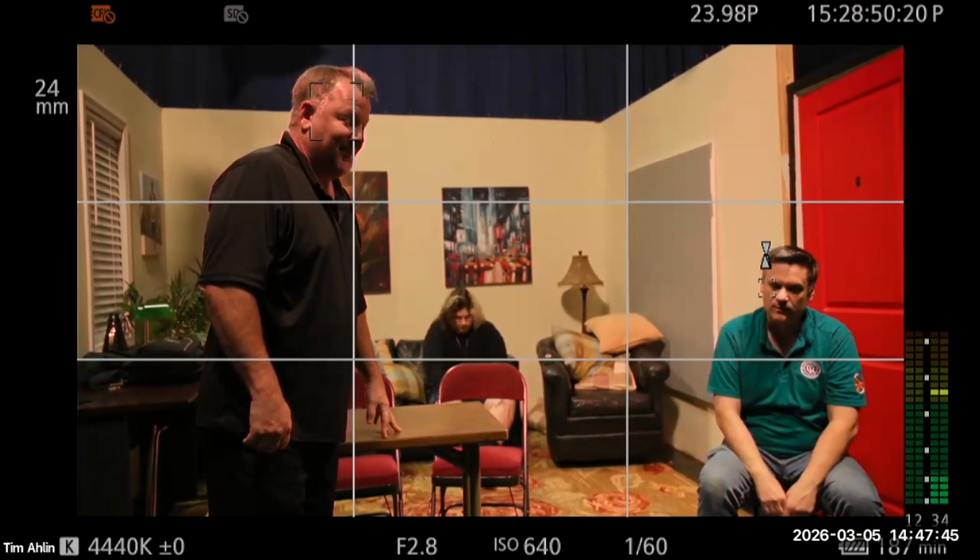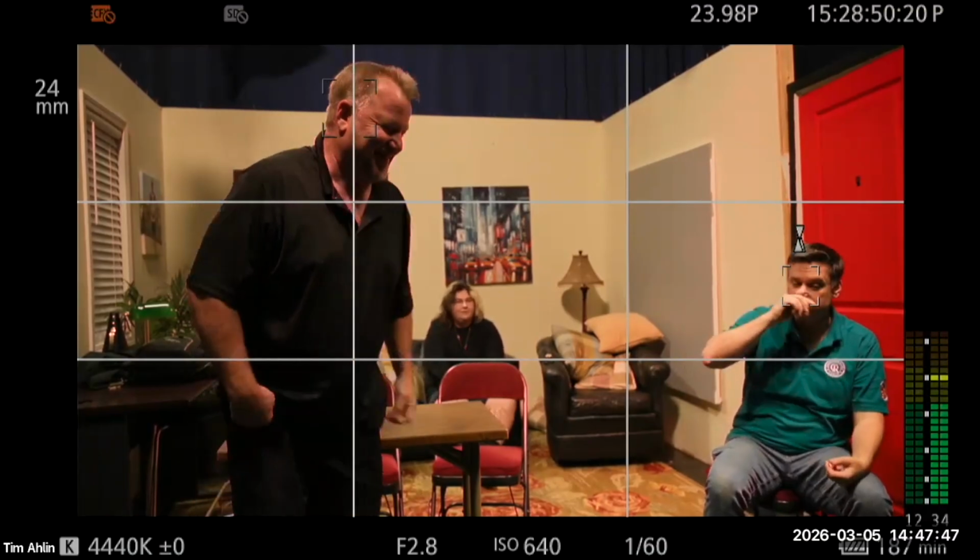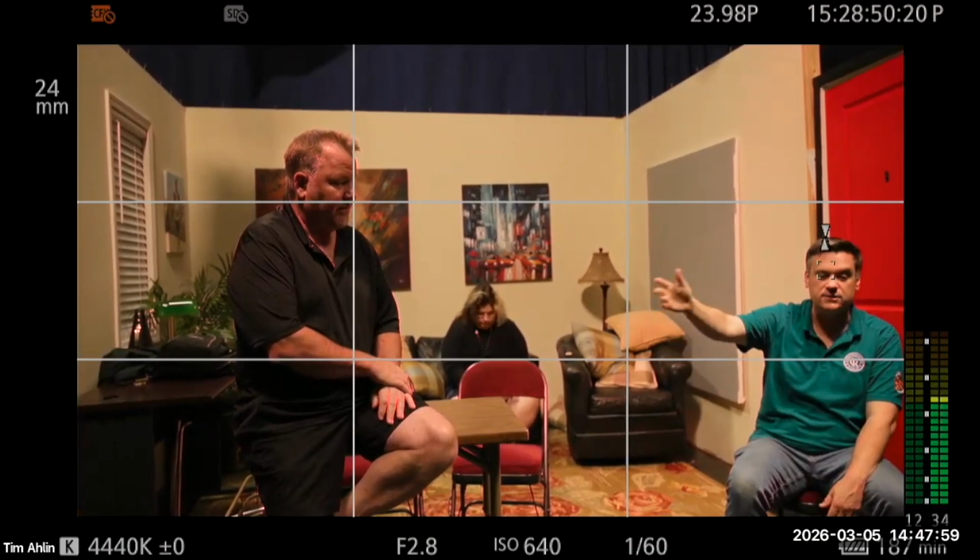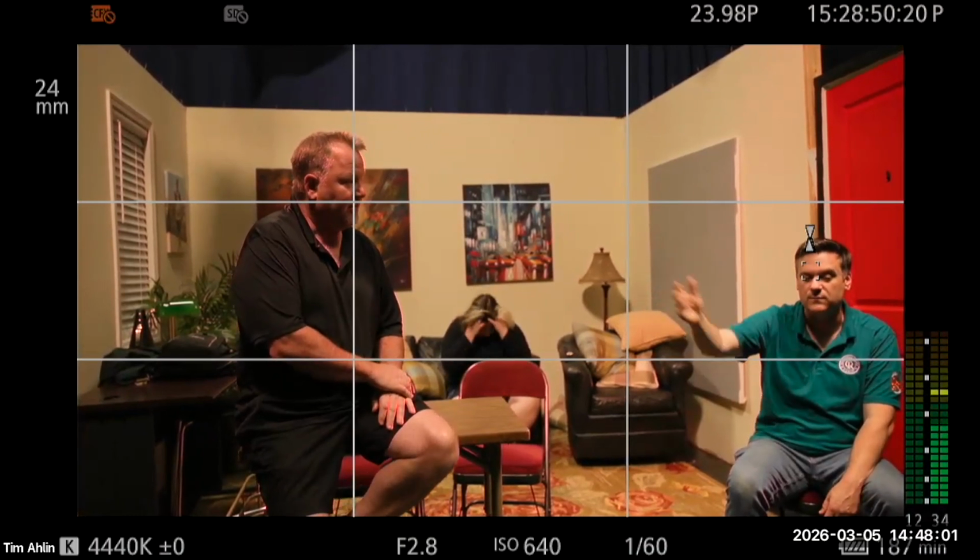Yeah, for sure. I'm smaller in the frame, I'm lower in the frame, so position of power is going to matter. Grant's higher, and on the big screen he's going to look like a bigger and more intimidating figure than me.